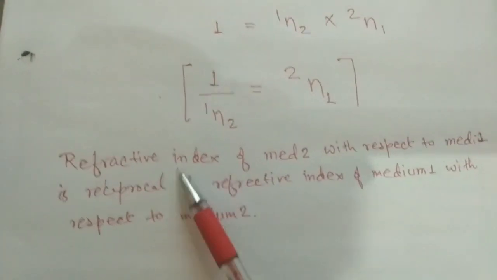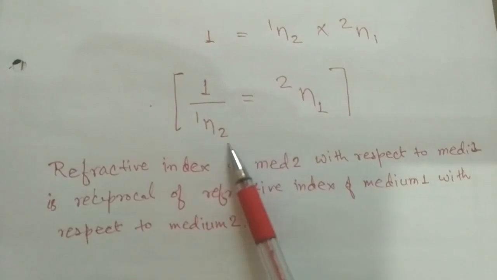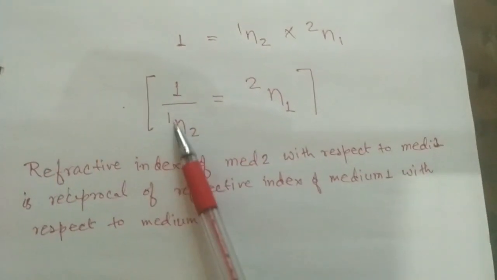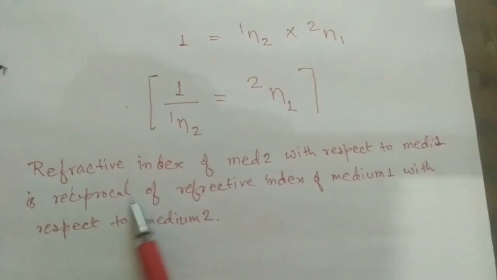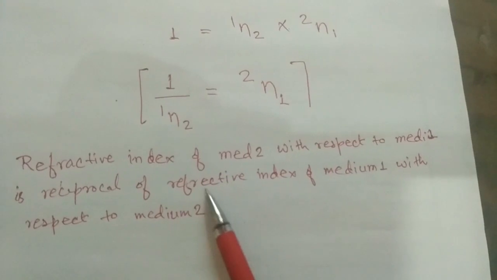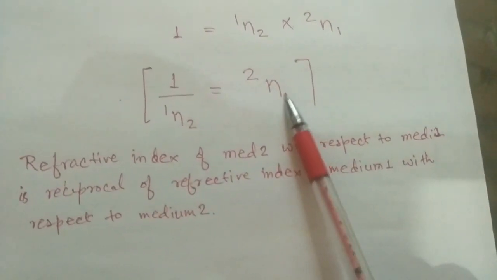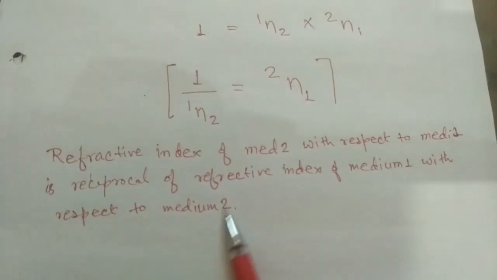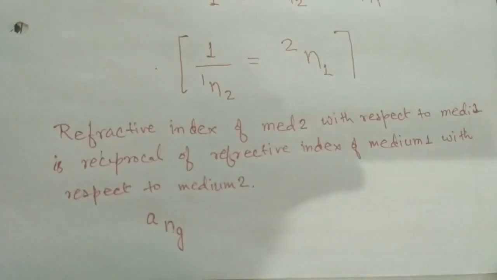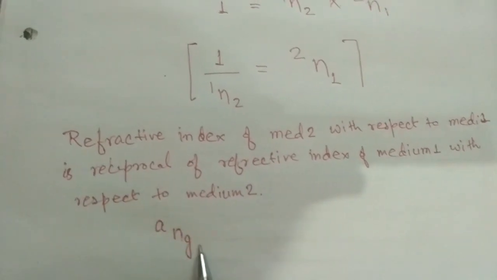which states that the refractive index of medium 2 with respect to medium 1 is the reciprocal of the refractive index of medium 1 with respect to medium 2. Or we can also say, suppose the two media, the first one is air and the second one is glass.